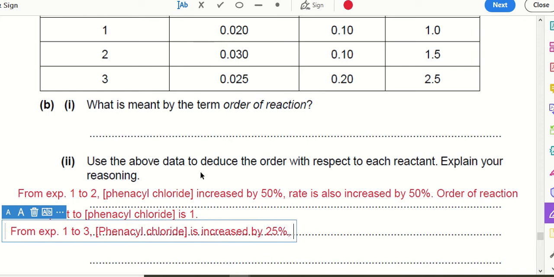And the concentration of sodium hydroxide is increased by 100%, right? It's double.